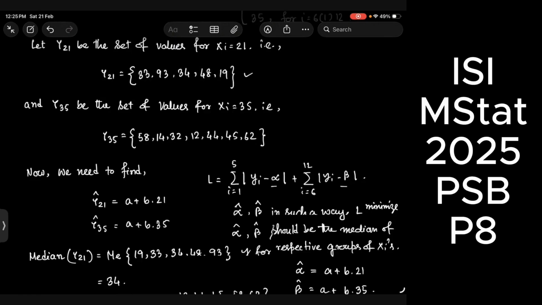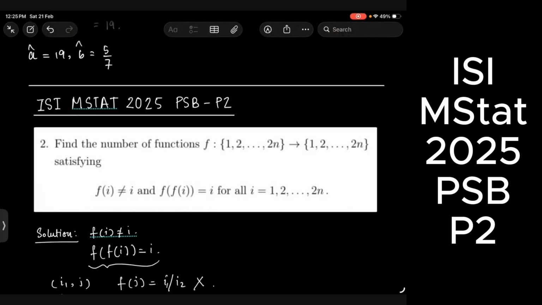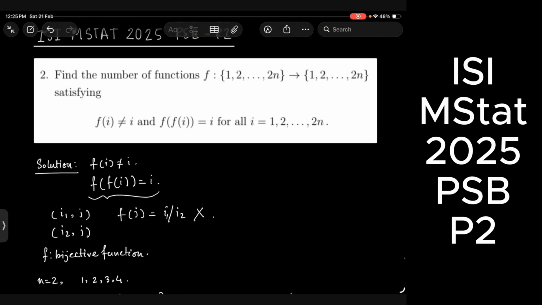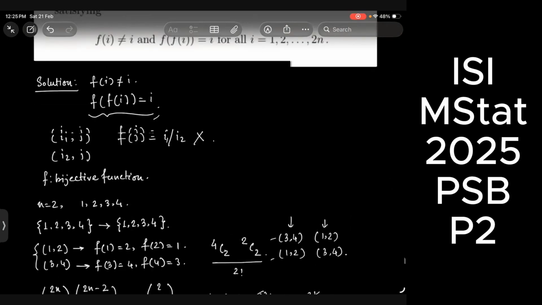Okay. Now this is problem 2. We have to find the number of functions from 1 to 2n to 1 to 2n, satisfying f(i) not equal to i, and f(f(i)) equal to i.